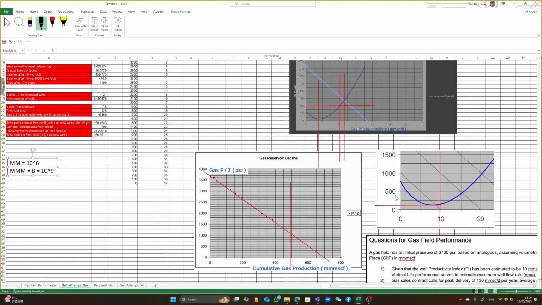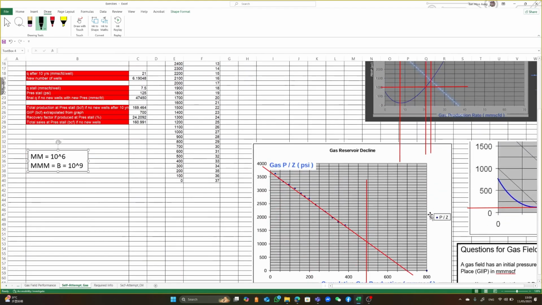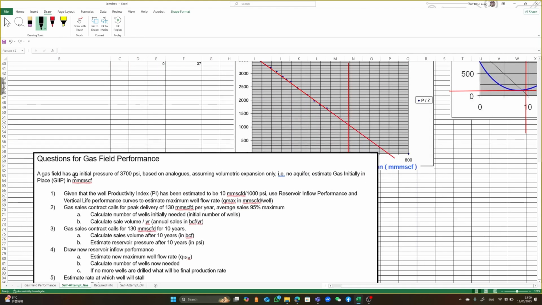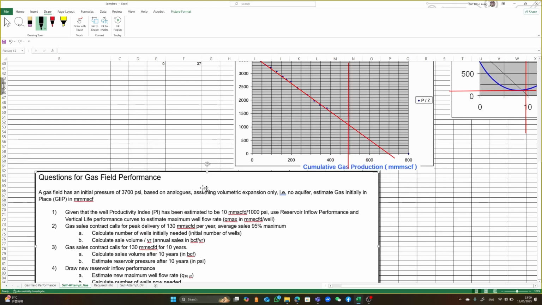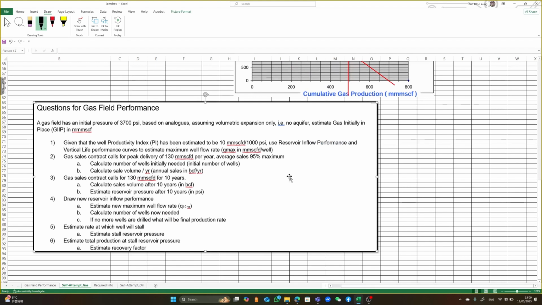So let's just go through a simple gas field exercise where we can get the idea of how these things are done, and we can calculate to get the amounts that we are looking for, and hopefully this can give you some idea over how these performances are predicted and rates are forecasted.